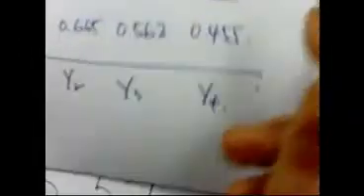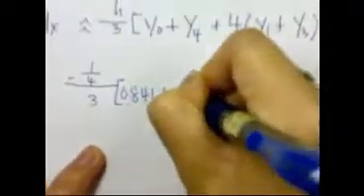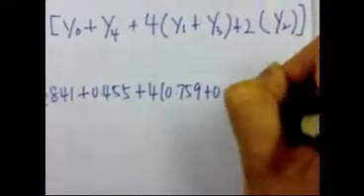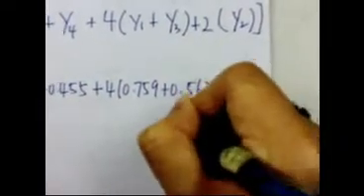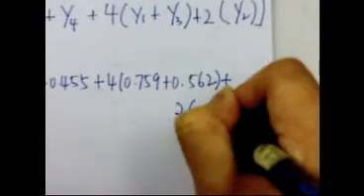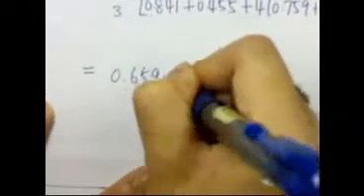Yes, so after that these are the values you should substitute in: 0.455 plus 4 times 0.759 plus 0.562, and you have to times your 2 by 0.665, which is your y2. Okay, after you substitute in the values, the answer you should get is 0.659.